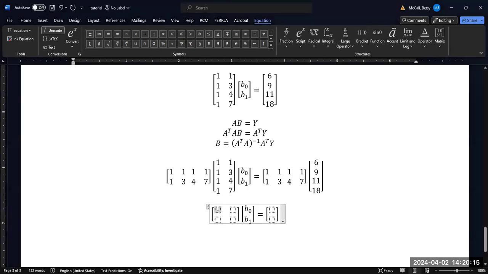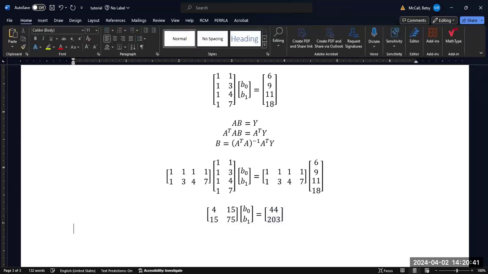And so when we multiply A transpose times A, we end up with the matrix 4, 15, 15, and 75. And when we multiply A transpose times our Y vector, we end up with 44 and 203.